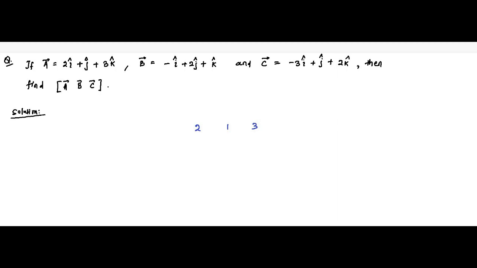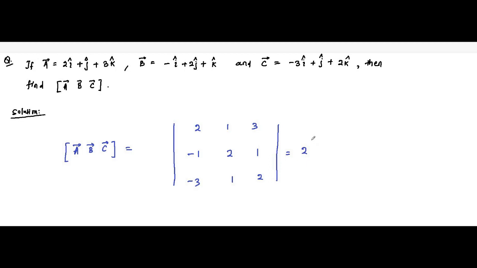Then the x, y and z components of b vector, that is minus 1, 2 and 1. C vector is minus 3, 1 and 2. The determinant of this will be the scalar triple product. So then we'll just do the usual determinant calculation.